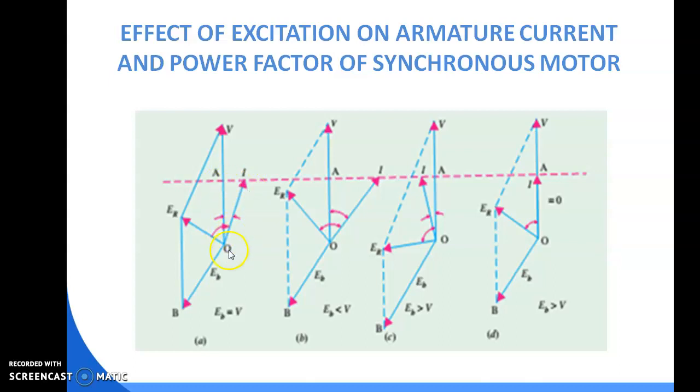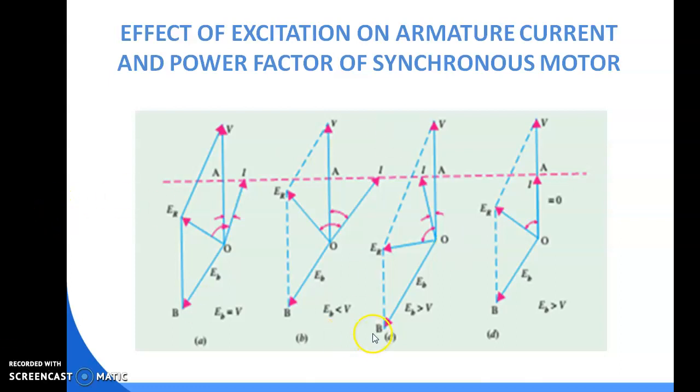Now, current will obviously lag the voltage by the phase angle phi. So, now here is our back EMF EB. This line is also back EMF EB. Now, we will draw the resultant for V and EB. That will come here, that is the resultant EMF ER.